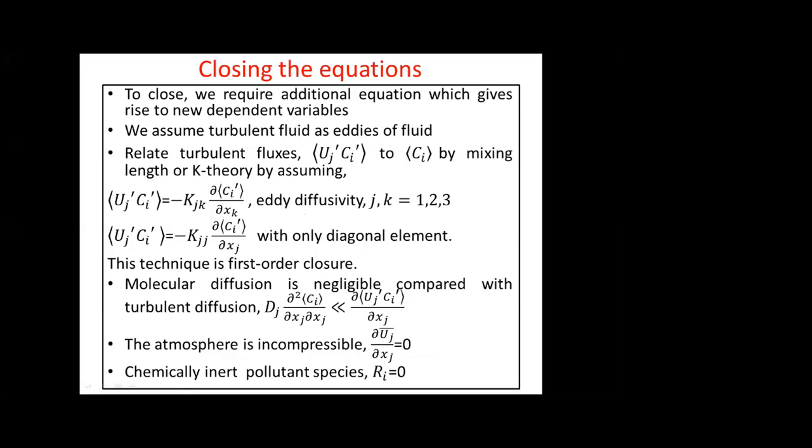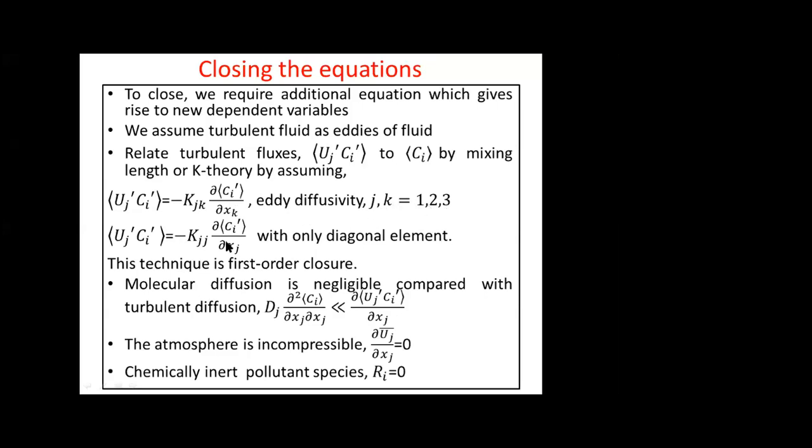What we do here is compare the turbulent flux to mixing, which is called mixing length theory. This particular term is now replaced by a flux law, where the diffusion is taking place in the direction here. So this term is replaced by this, where j and k are 1, 2, 3.